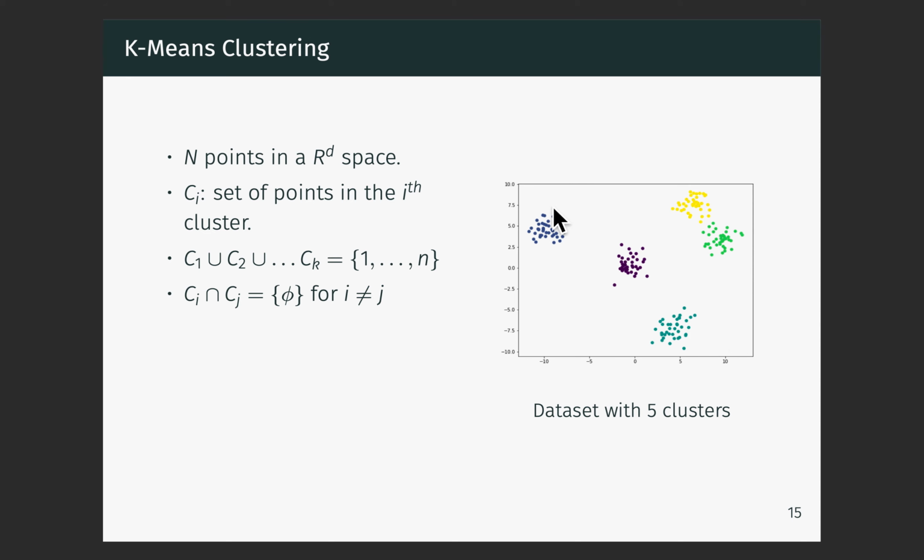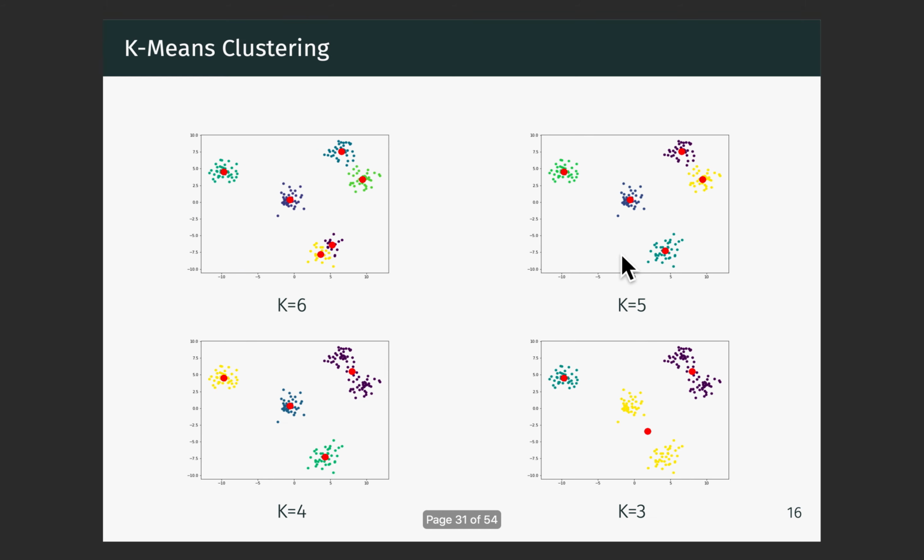So this is some sample dataset which you can see already seems to contain 5 different groups or clusters. But we could choose a different number of clusters, and we could end up with different clusterings. So let's say we didn't know that the number of clusters was 5. We didn't visually inspect the data. We kept k equal to 6.